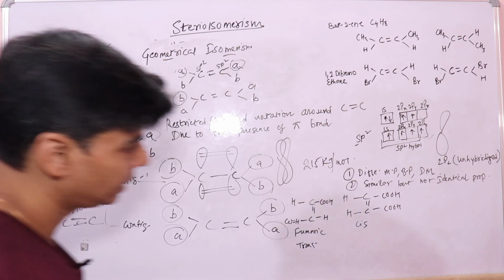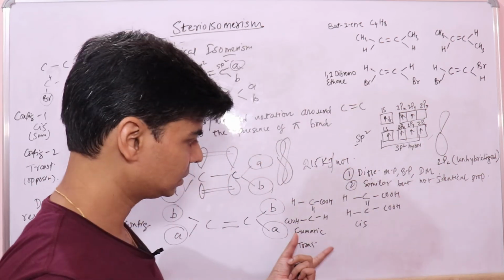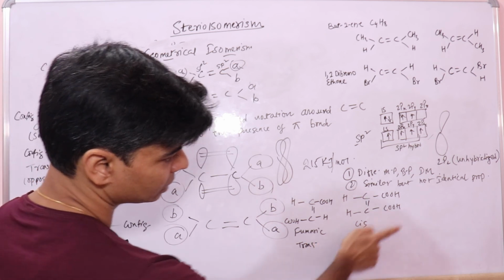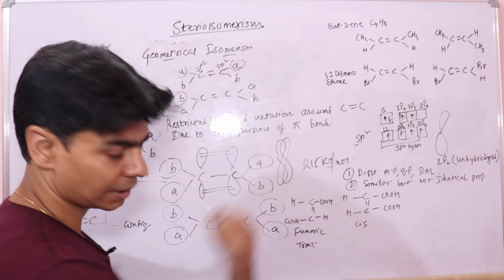Like I was saying, they have similar but not identical chemical properties. This is the cis isomer, this is the trans isomer.